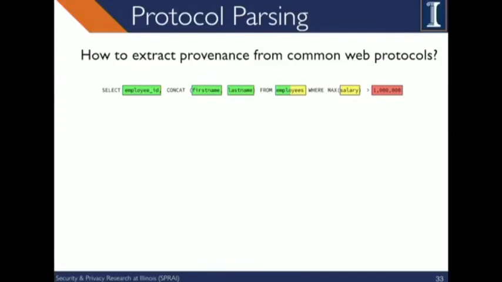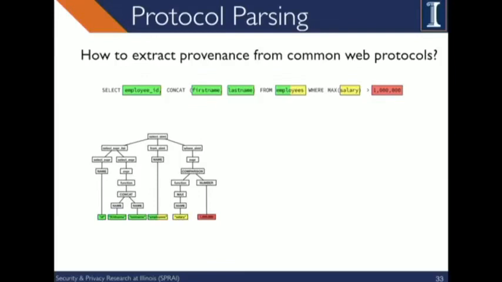So we take the SQL query and then use a Bison grammar to turn it into a parse tree, right? And it's very easy to see that all of the different data entities exist in the leaves of this parse tree here.